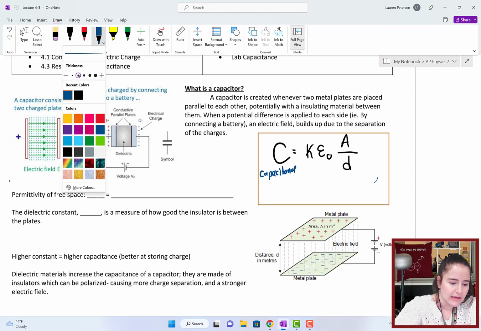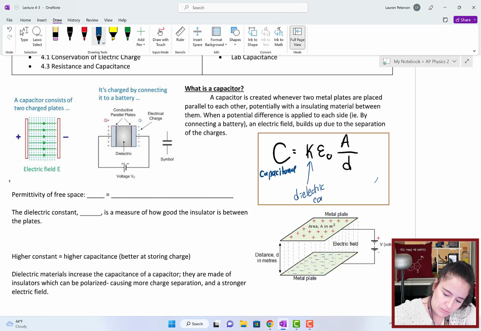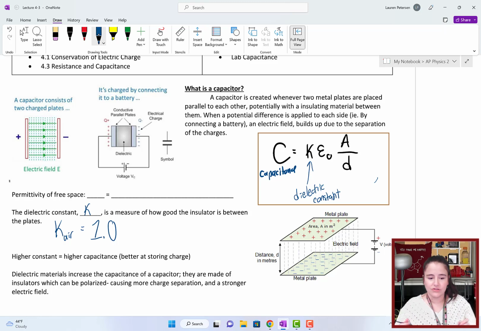Kappa, κ, is called the dielectric constant. Okay, that's kappa. And what it is, it's a measure of how good the insulator between the plates is. For air, it is 1.0, and it is just a ratio, so just 1.0. Anytime you add a dielectric, you're always going to increase the capacitance.